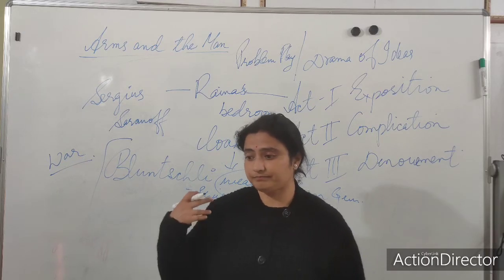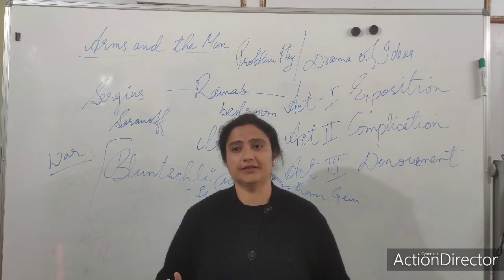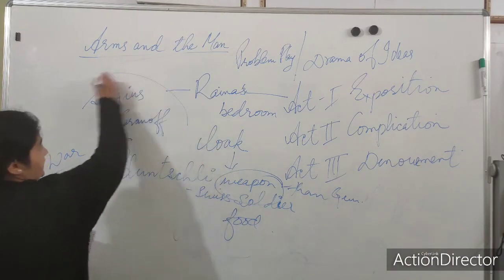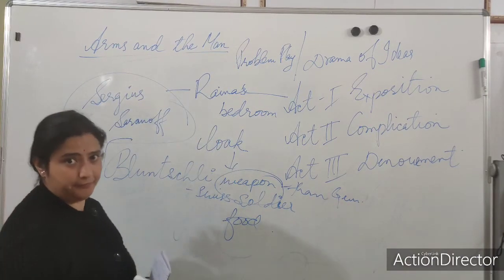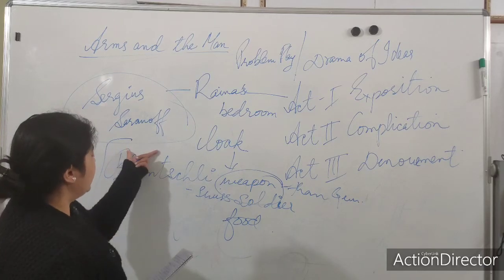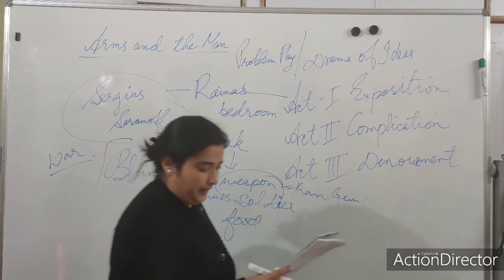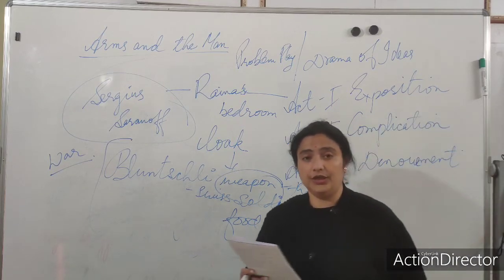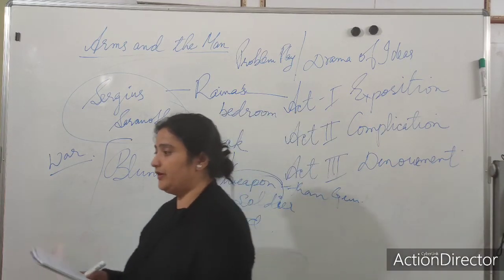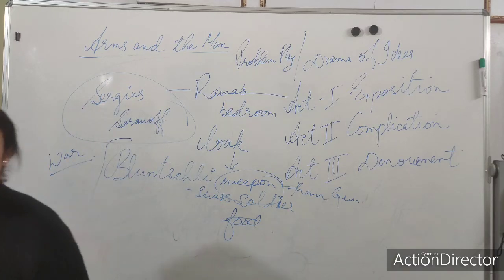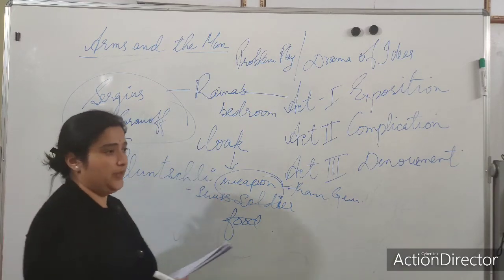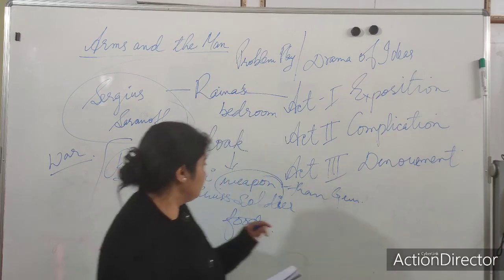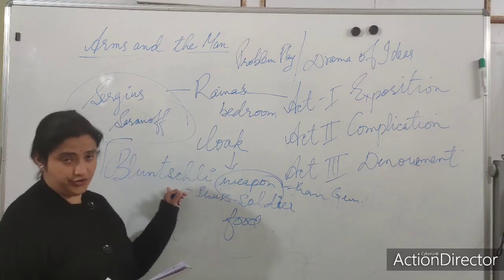And then she realizes that somehow he is talking about Sergius Saranov, right? And as the act comes to an end, the notions about war which Raina had are totally changed after meeting this man Bluntschli.